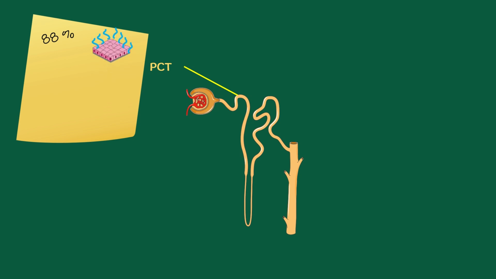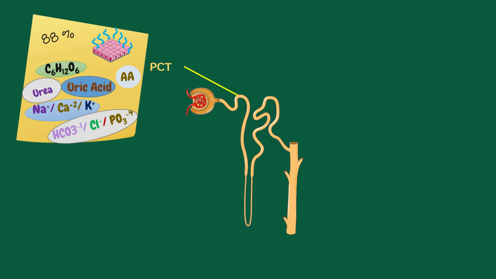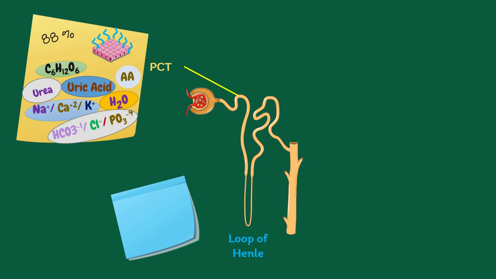The brush border of epithelial cells in the proximal convoluted tubule increases the surface area and facilitates the reabsorption. Substances reabsorbed from the proximal convoluted tubule are glucose, amino acids, sodium, potassium, calcium, bicarbonates, chlorides, phosphates, urea, uric acid, and water.